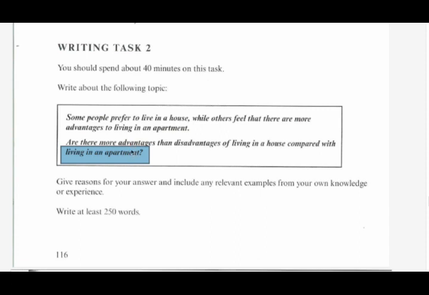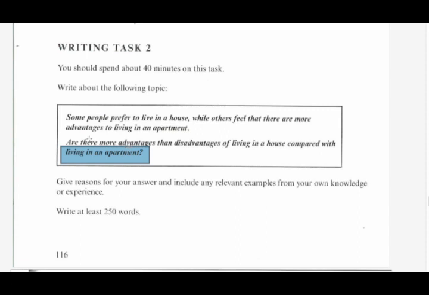So you have to typically talk about four things. It is not simply advantages versus disadvantages, it is advantages versus disadvantages of one thing compared with advantages versus disadvantages of the other thing. So that is where I think a lot of students make some mistakes.